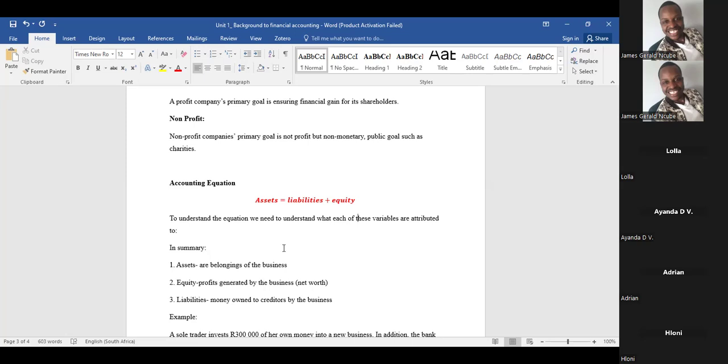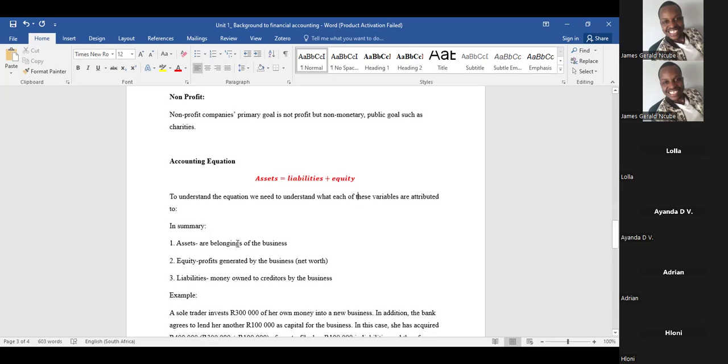So in summary, our assets are what belongs to the business, right? The belongings of the business. And then equity, as Sir James said, is the net worth of an individual or business entity represented by the difference between what is owned and what is owed, right?